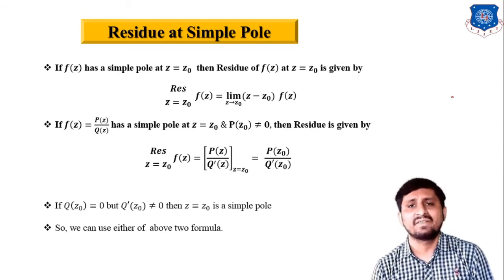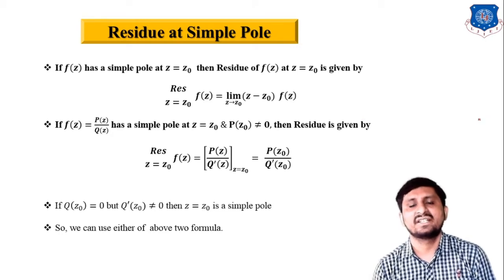But every time it's not possible to express a function in a series form. So for those types of functions, if we want to find only the residue, and using the residue find the value of the integration over the contour C of f of z, then we have to apply these two important formulas.